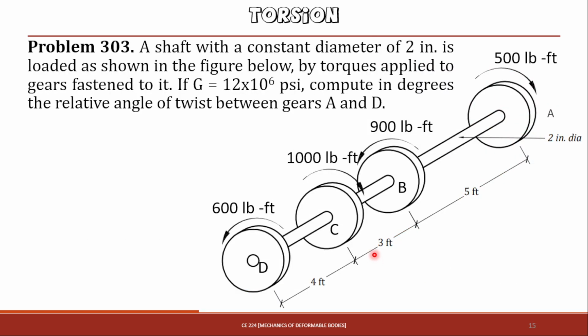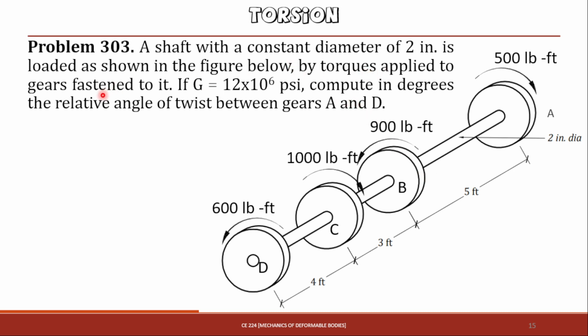Next problem tayo. So this will be yung last problem, sample problem natin under torsion. Okay. So for this problem, a shaft with a constant diameter of 2 inches is loaded as shown in the figure below.